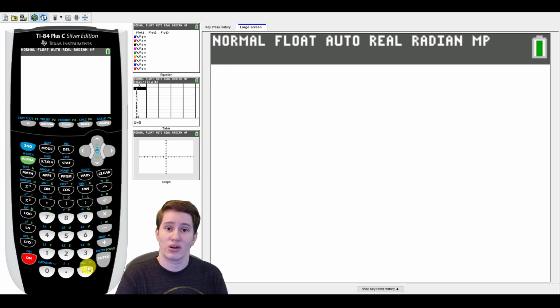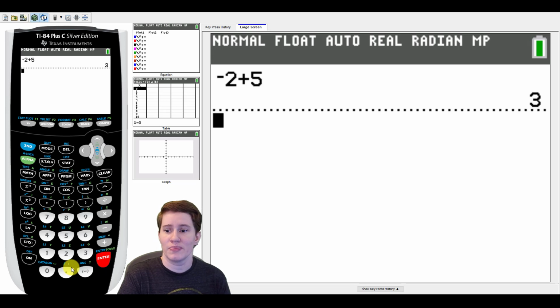So if you are trying to write -2 plus 5, if you write the minus and then 2, look at what happens. Something that is not what we wanted. So if you're trying to write a -2 just by itself or at the beginning, you have to use this negative button and then 2. Then we can do plus and 5 and press enter, and it says, oh, that's 3.